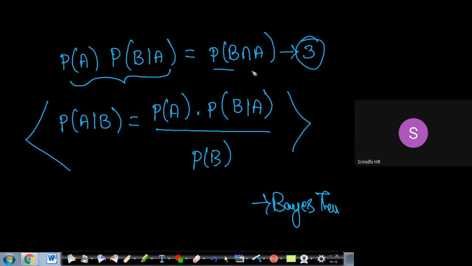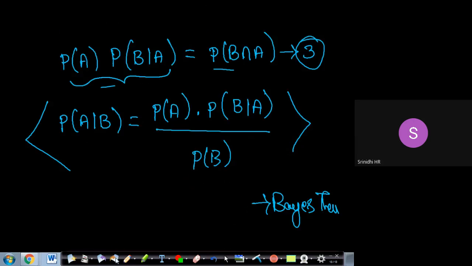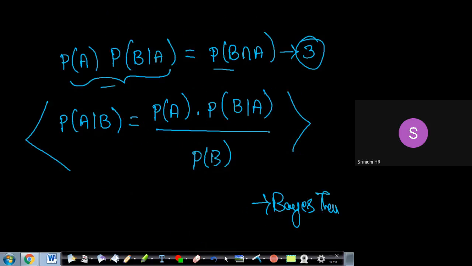Now, I will apply this value in your first equation. This was my first equation. I am replacing the term probability of B intersection A by probability of A into probability of B given A, divided by probability of B. The denominator is the same. So this is your Bayes theorem.